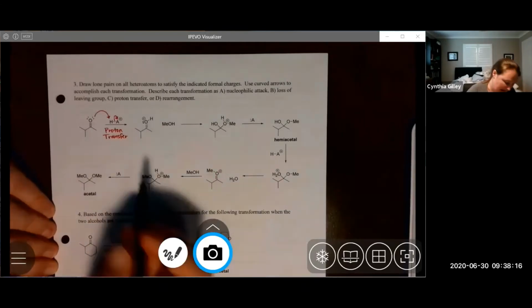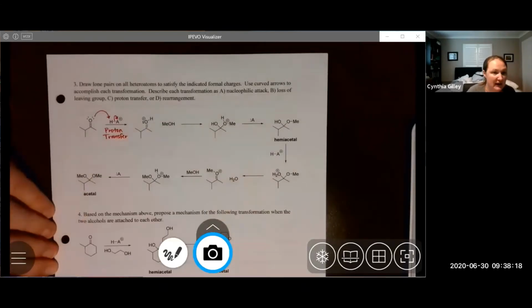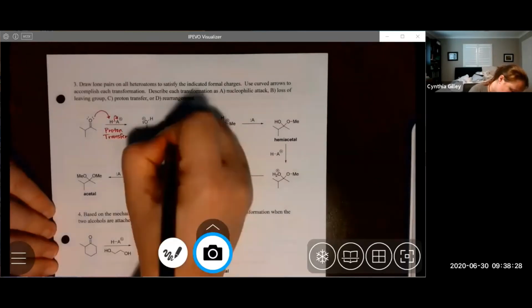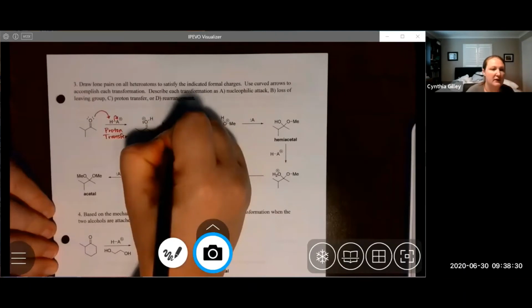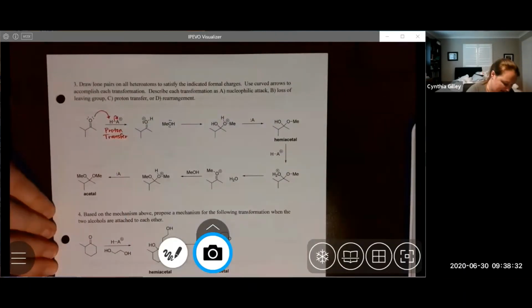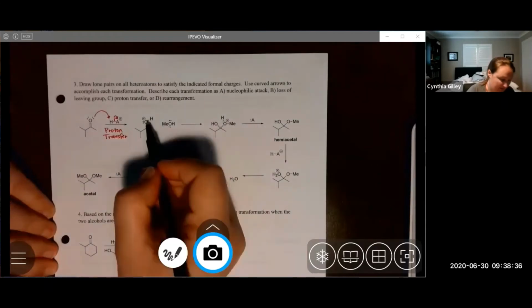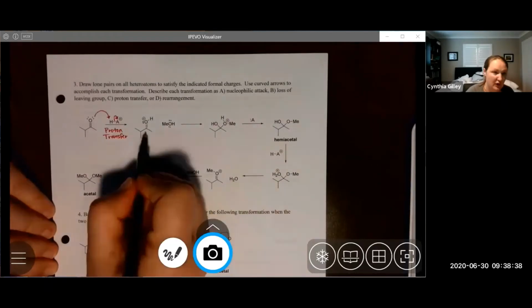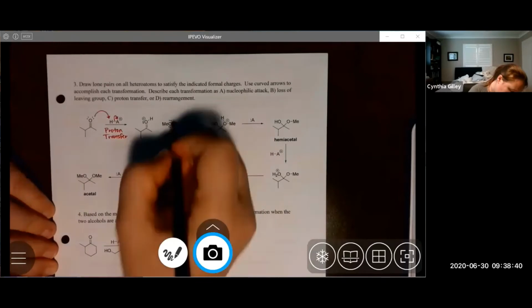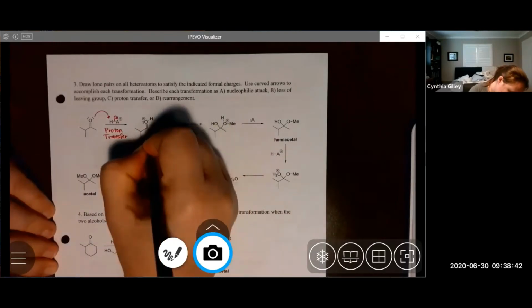That makes the carbonyl carbon highly electrophilic, because now it's got an even more significant partial positive charge than it did before the proton. So even a weak nucleophile can do a nucleophilic attack here after you've protonated, because we've generated a stronger electrophile. So we can now show a nucleophilic attack.